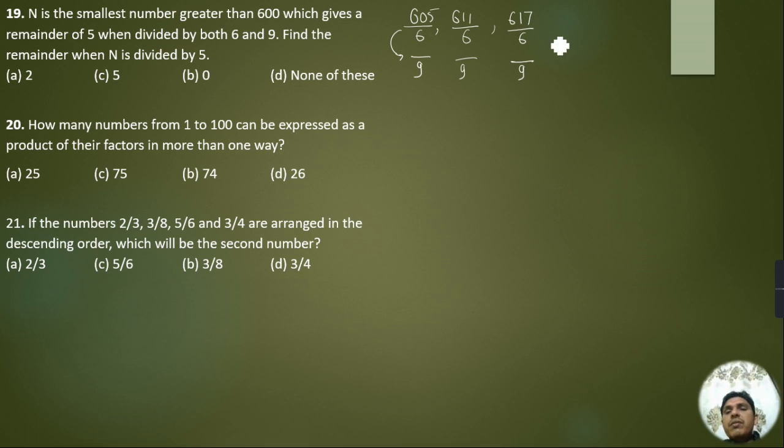The remainder will be 5. That means the number is 617. When divided by 6 and 9, the remainder is 5.